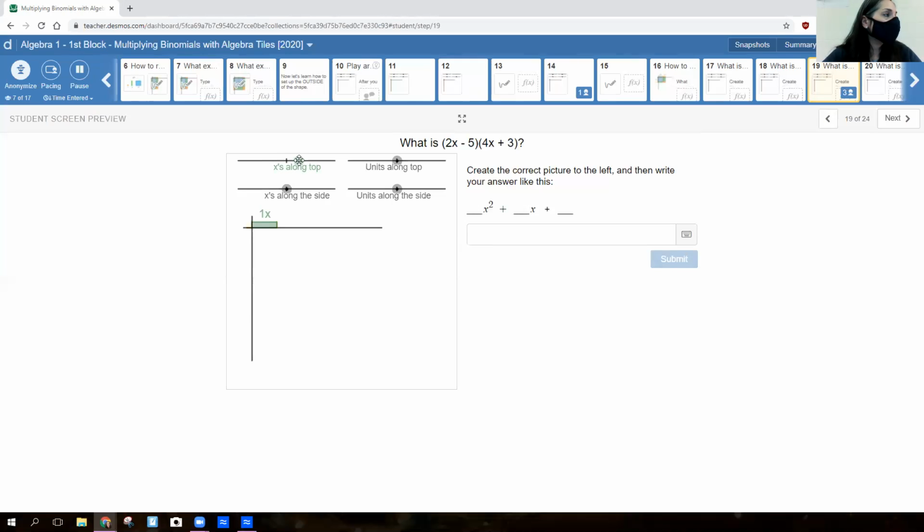So 2x minus 5. There we go. I didn't know if it would go that far. And then 4x plus 3. 4x is going to be way out here. Plus 3, like that. 4x plus 3.